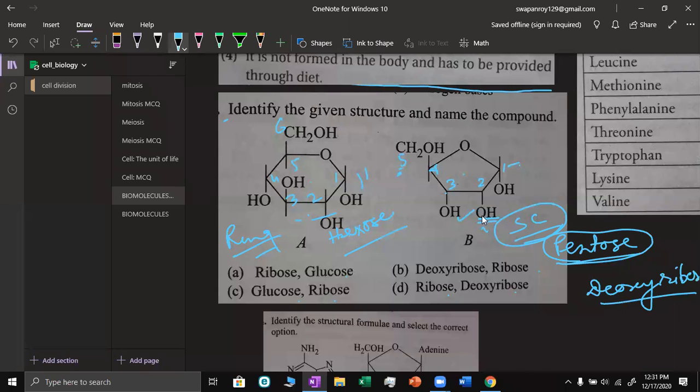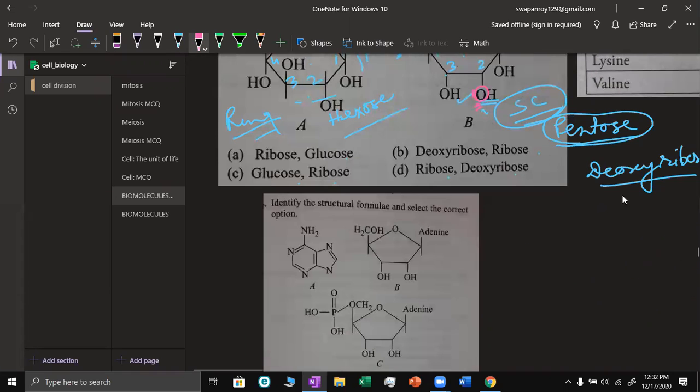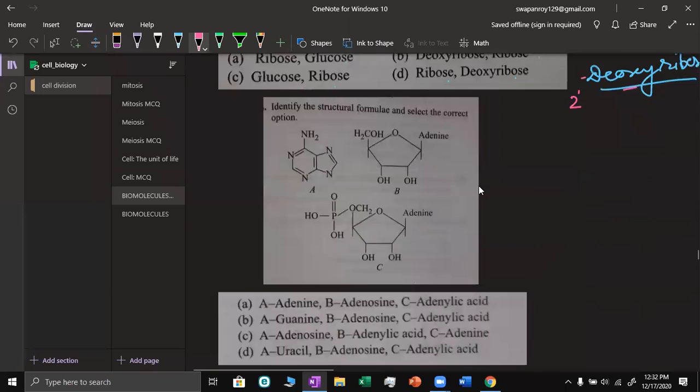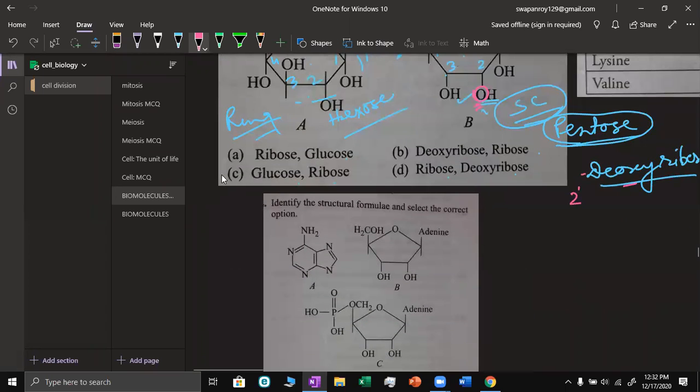In case of deoxyribose, this oxygen will be missing, absent. That's why it is also known as 2-deoxyribose, meaning oxygen from the second carbon is missing. So if you just change this one, it will do. So here is the answer.